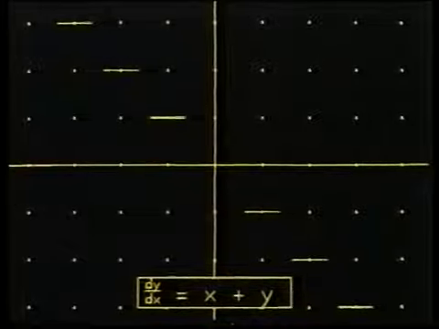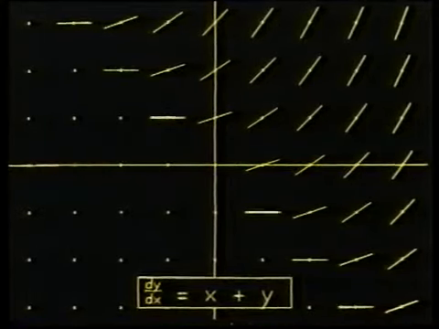At points where x equals minus y, x plus y is 0, and the slope is 0. As x increases, so does the slope. And as y decreases, the slope will decrease too.